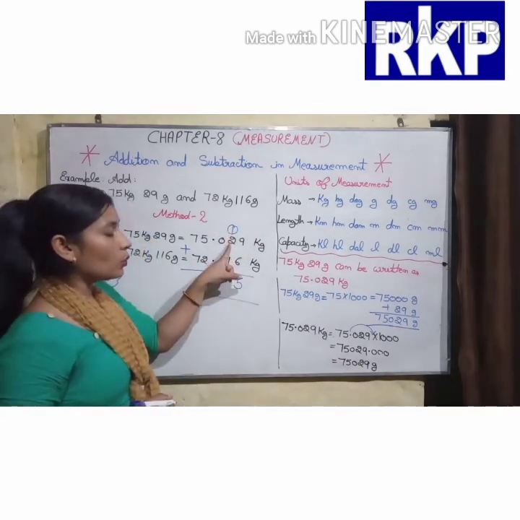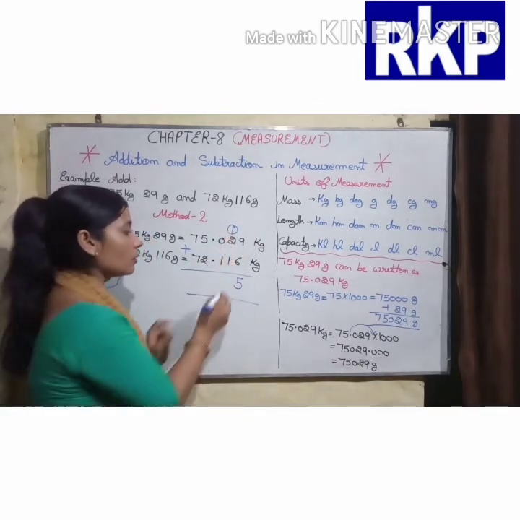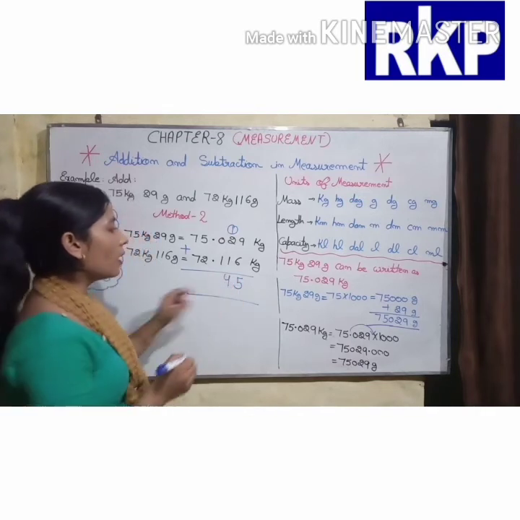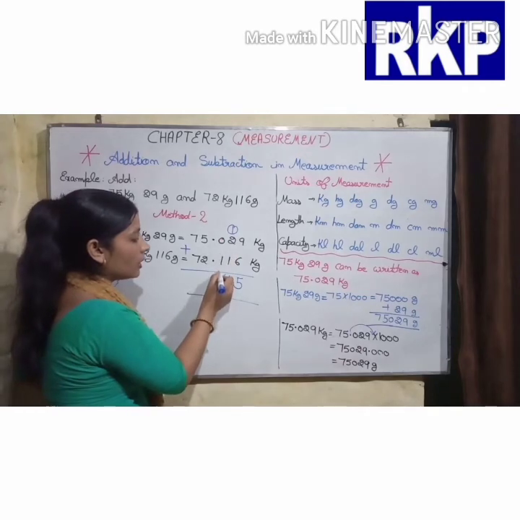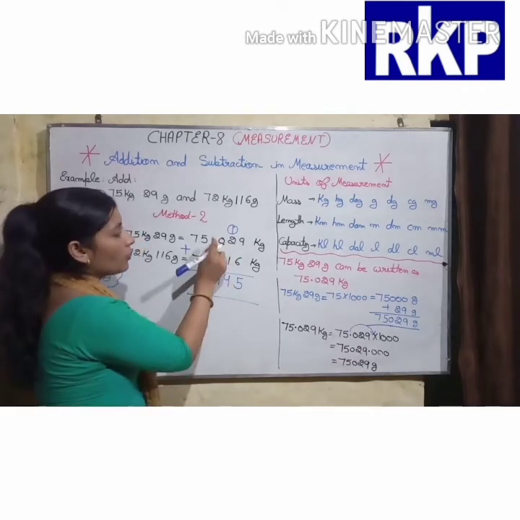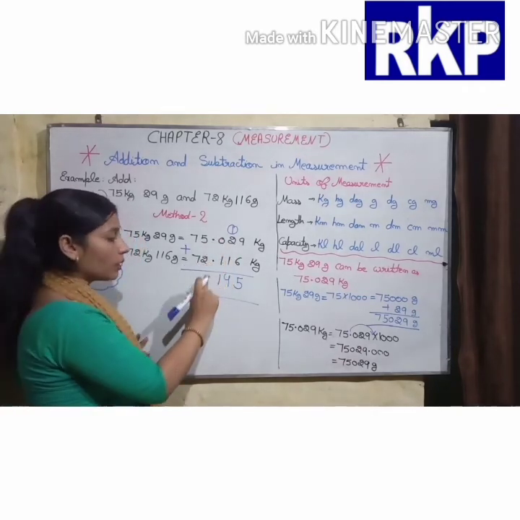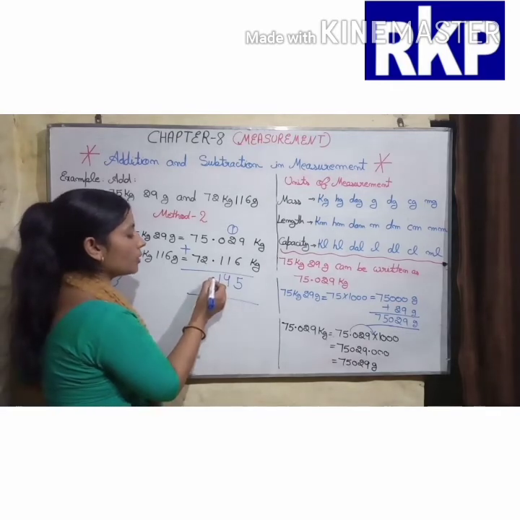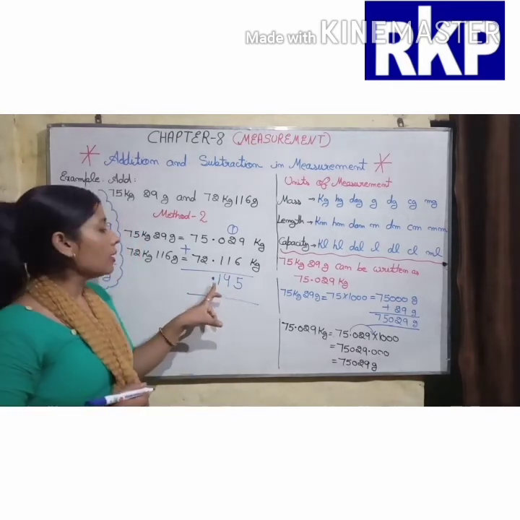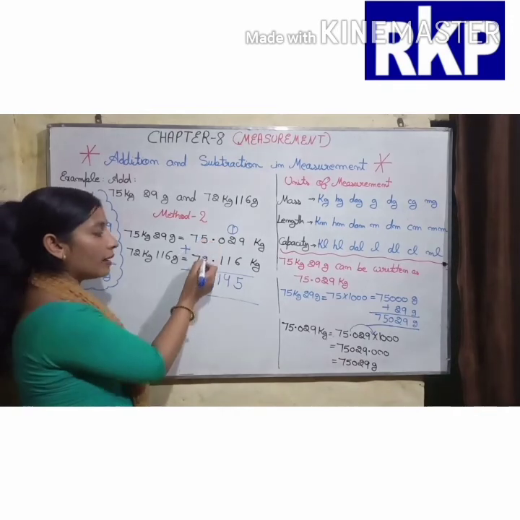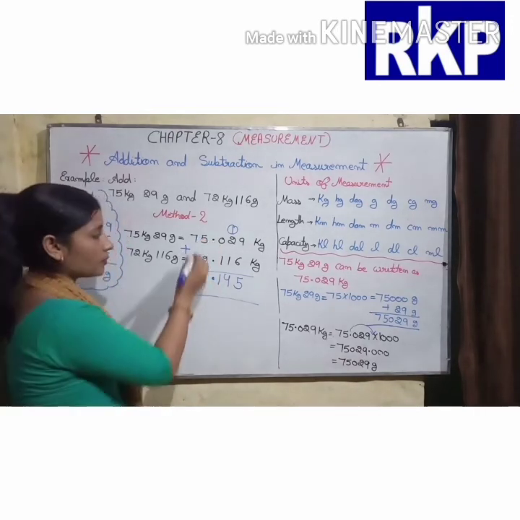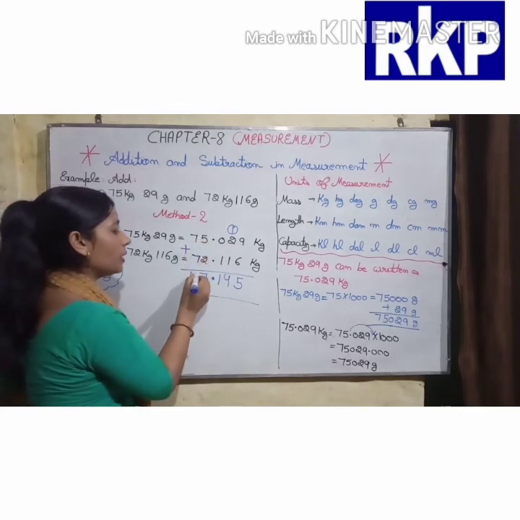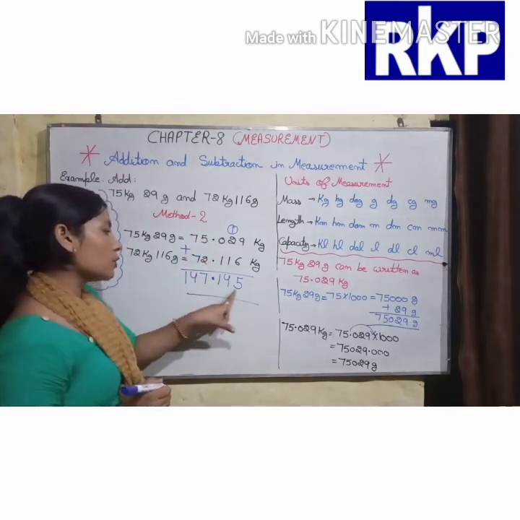Now 1 and 2 is 3, 3 and 1 is 4. Now we add 0 and 1, and 0 plus 1 gives only 1. Now we have the decimal point, so in the answer also we put the decimal point. Now we add 5 and 2, and 5 and 2 will be 7. 7 and 7 will be 14.